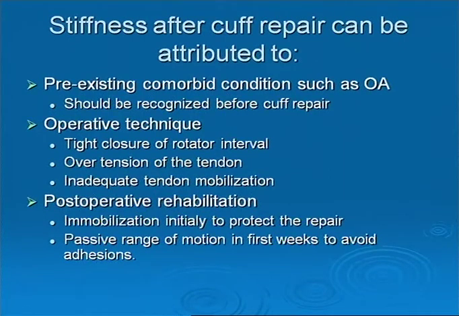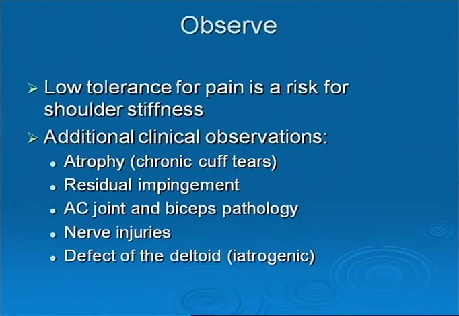We prefer to immobilize the shoulder after surgery just to protect the repair, and often this leads to a stiff shoulder. So passive range of motion in the first weeks is very important. Something to observe is that low tolerance for pain is a risk for shoulder stiffness, because when the patient has pain, they don't want to move the shoulder.